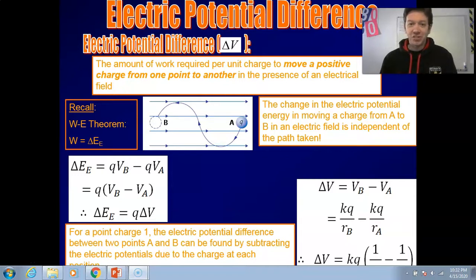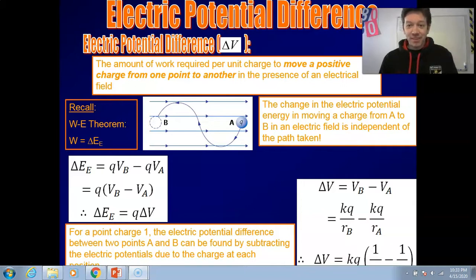We call it electric potential difference, and it is delta V. The V is capital, it's very important. It's not a lowercase v, that's velocity. And yes, we will have equations that have both potential and velocity in the same equation.